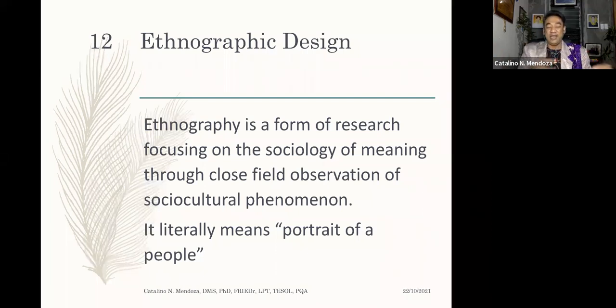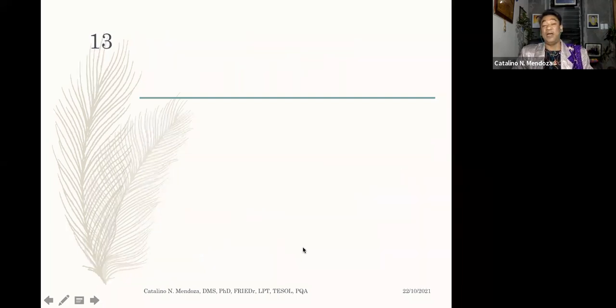So that is why they have their uniqueness on their own, with their own, and for their own. No two people, no two organizations are alike. So therefore, they have their own distinct characteristics. That is why ethnographic. So it literally means portrait of a people.